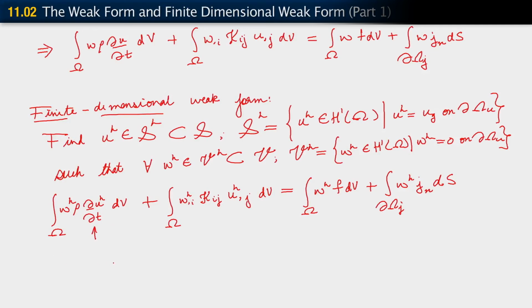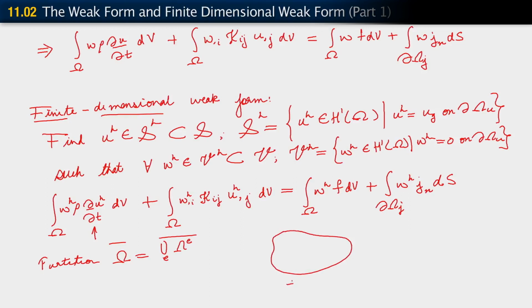Okay, so as before, we will construct our finite dimensional basis by a partition of the domain. So as usual, we will say partition omega equals union over e of each of these omega sup e's. We have all that. Okay, and the picture is also the same as before.